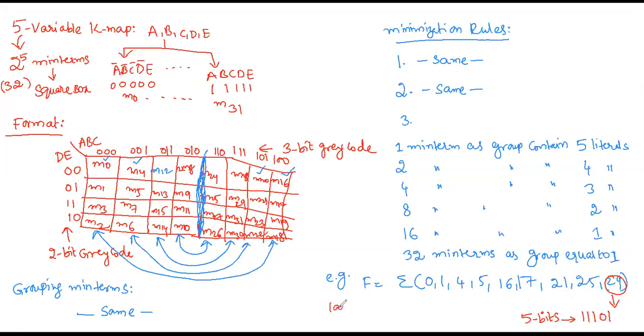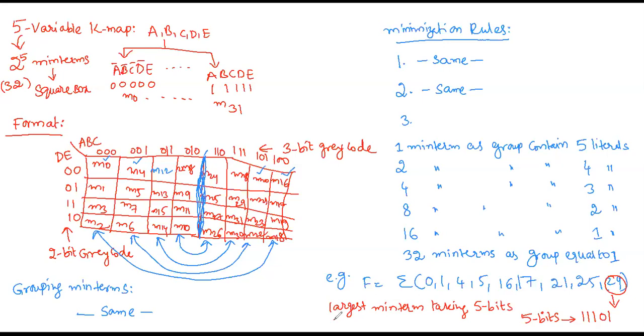The largest minterm takes 5 bits, and each bit will be used to represent one variable.